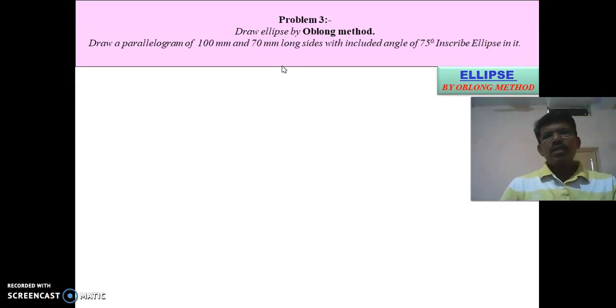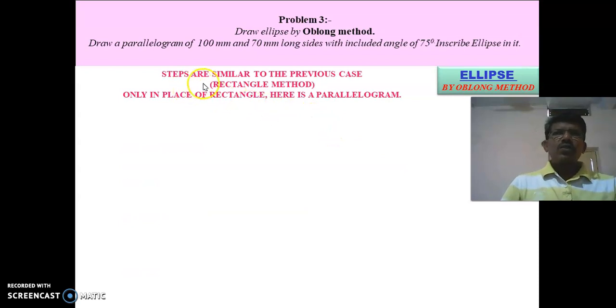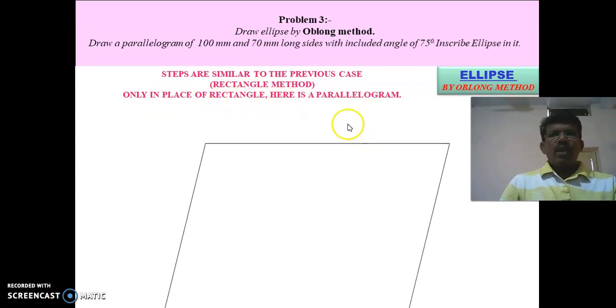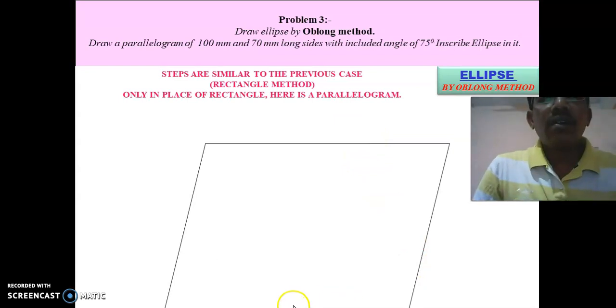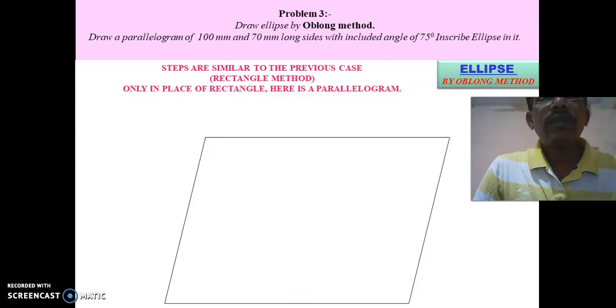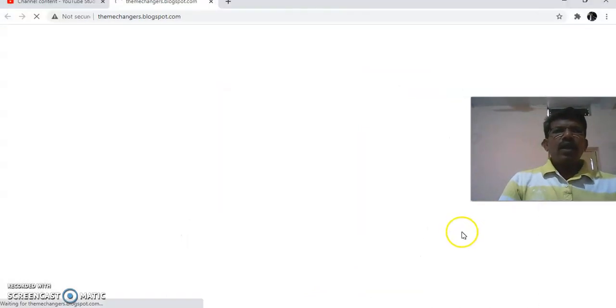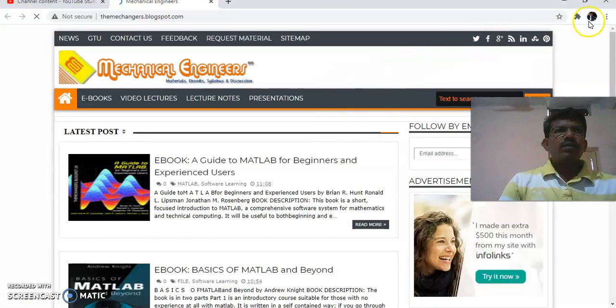Now look at the construction procedure. The steps are similar to the previous case, the rectangle method. Only in place of a rectangle, here there is a parallelogram. Now this is the parallelogram.